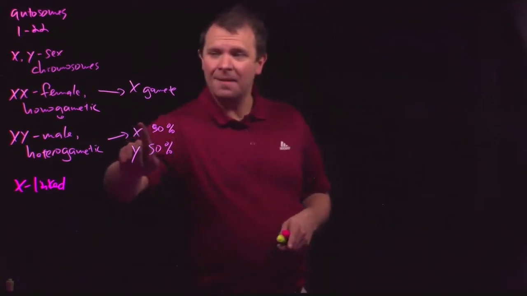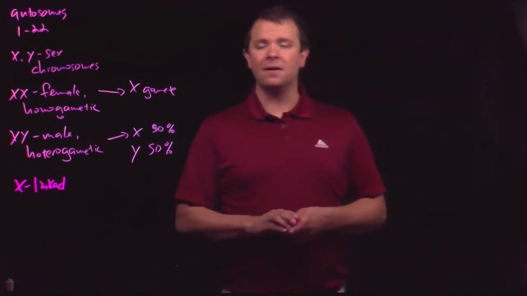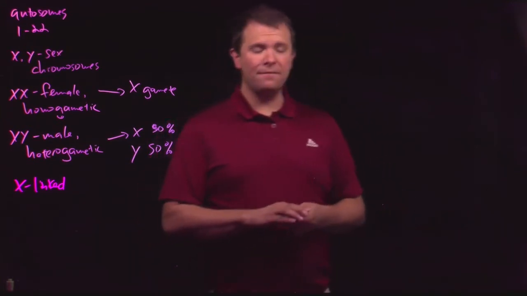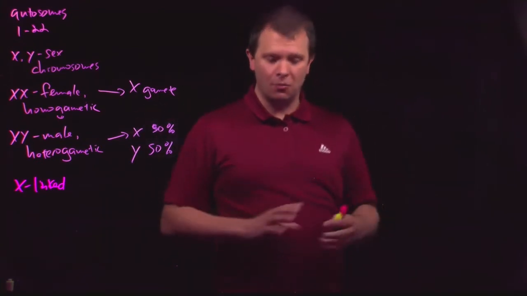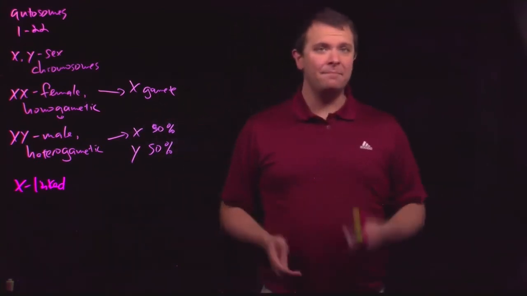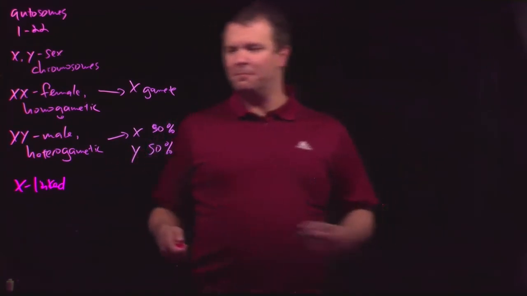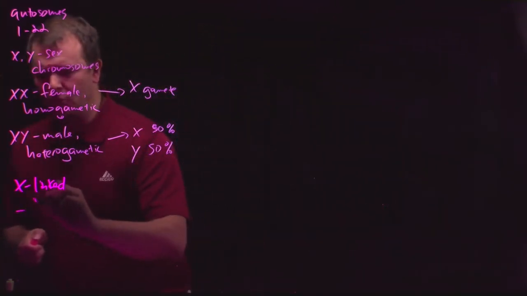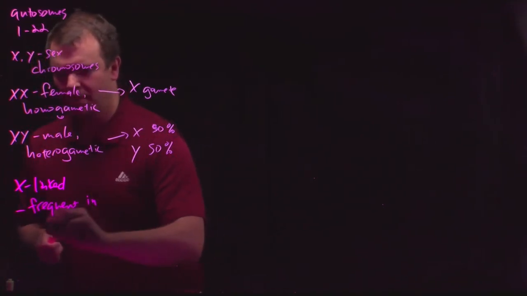Because there's not a second X chromosome in their cells for them to be heterozygous, right? They only have that one trait, they're always going to exhibit it. And that means that X-linked traits show up much, much, much more frequently in males.